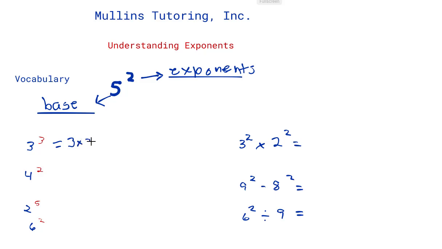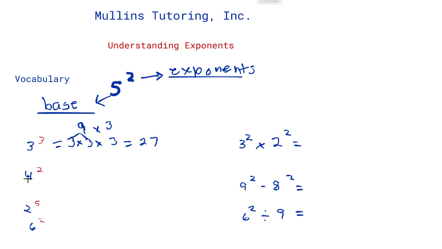So I'm going to have 3 times 3 times 3. One way that you can do it is group it: 3 times 3 is 9 times 3, and that would give us 27.